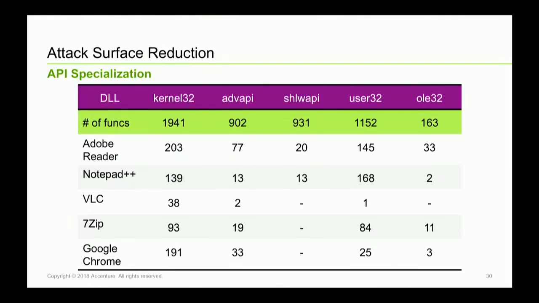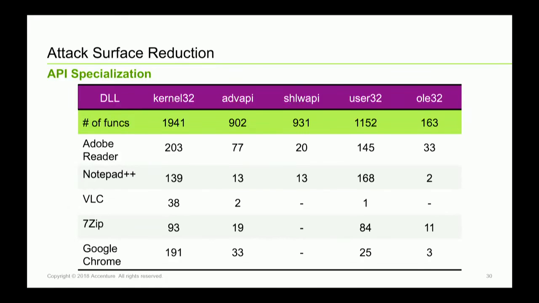So this is really the case for API specialization that we're making here. And this is a simple study, right? We look at these Windows 32 APIs, or DLLs, however you want to call it, and the number of functions they have. Kernel32, of course, being the biggest offender, provides a lot of features and support for Windows applications, and has 1,900 functions. Then we looked at how many functions applications were actually using within these libraries.